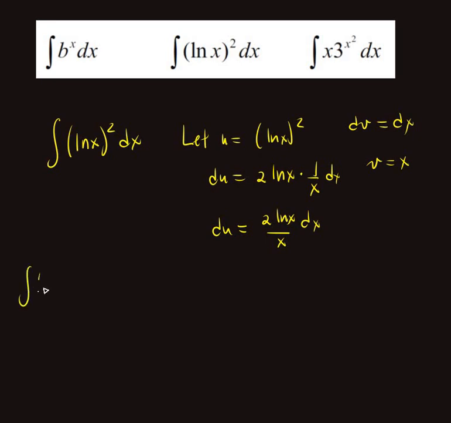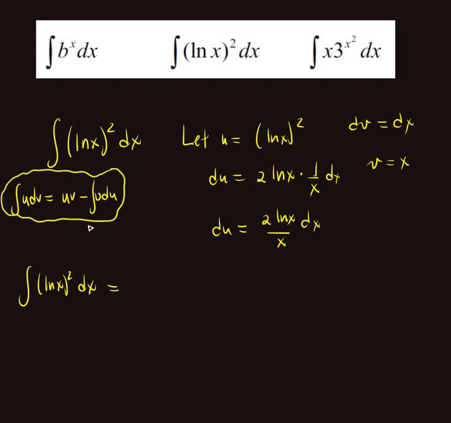Okay, so here we go. The integral of natural log of x squared dx is going to be equal, and if you remember, I'm going to put the rule here. The integral of u dv is equal to uv minus the integral of v du. This is the integration by parts. So in this case, who is v and who is u?